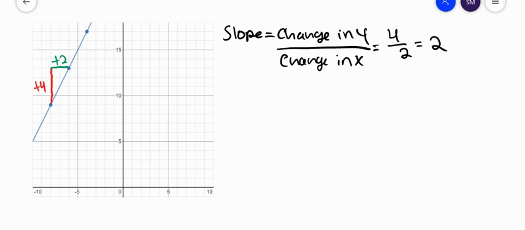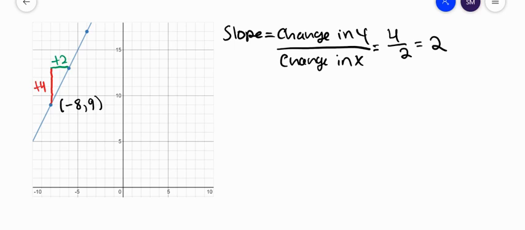So again, at this point, I can write an equation in point-slope form by using any of these points. For example, this bottom point has coordinates (-8, 9).